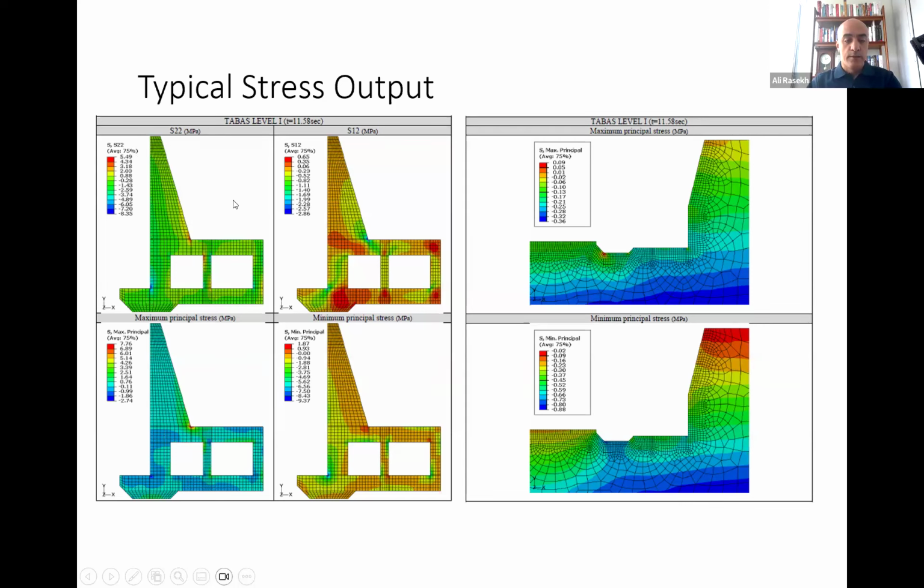Every software is different, but as I recollect, Abaqus was the same. So positive is tension, negative is compression, and you go by your structural design book to check if this structure is safe. However, I should emphasize and remind myself that this is a reinforced structure.